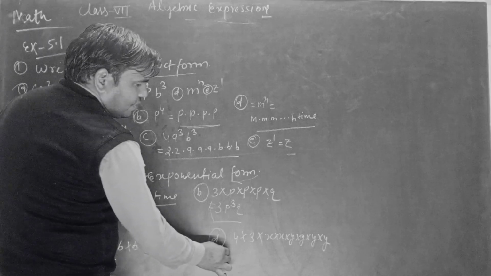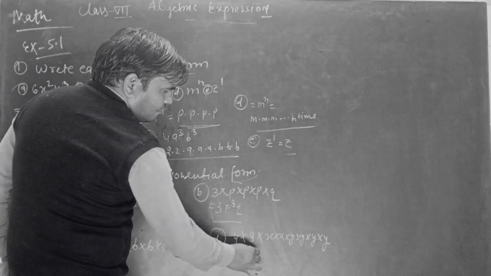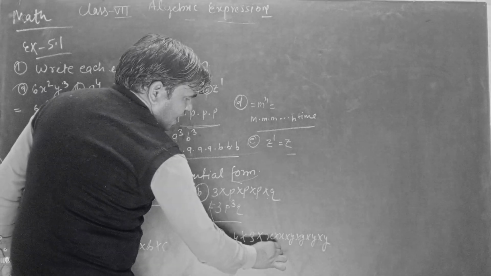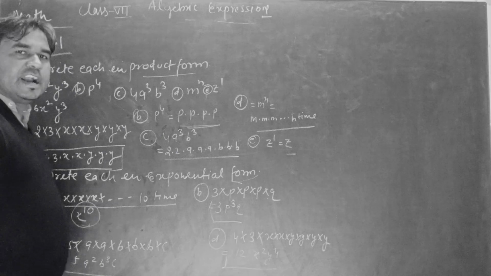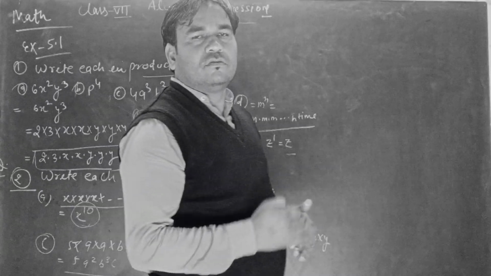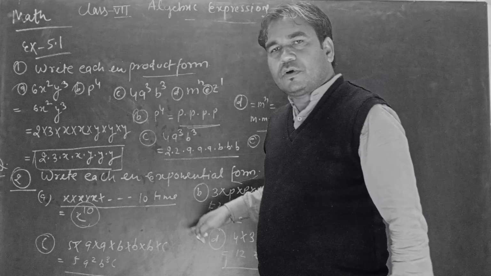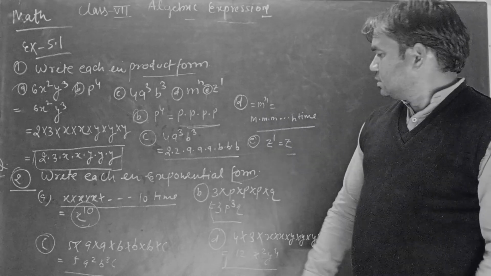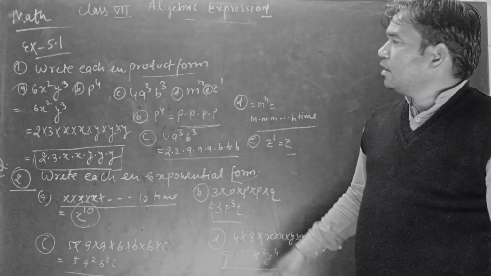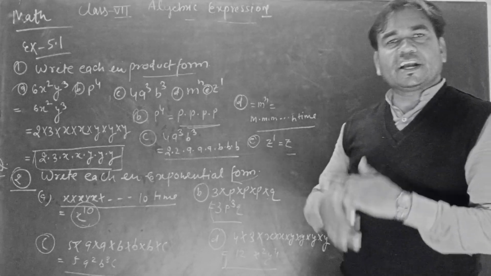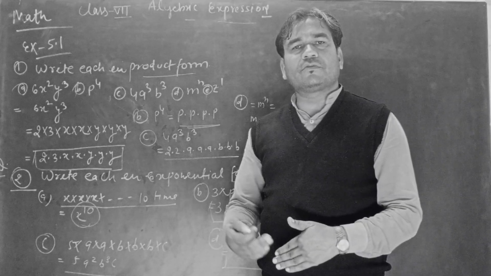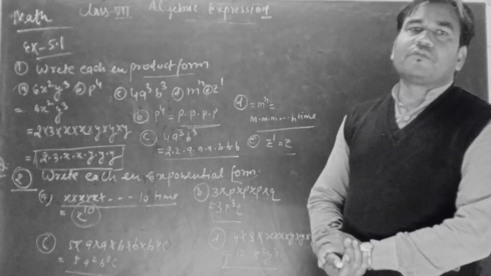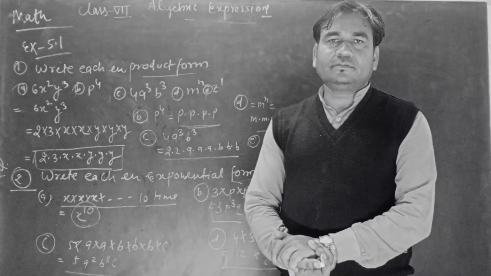And in the D part you see 12x square by 4. So we can write A, B, C, D parts in exponential form. This is the way of writing exponential form, and this is the way of converting exponential form into product form. So this is question number 1 and question number 2 of exercise 5.1.